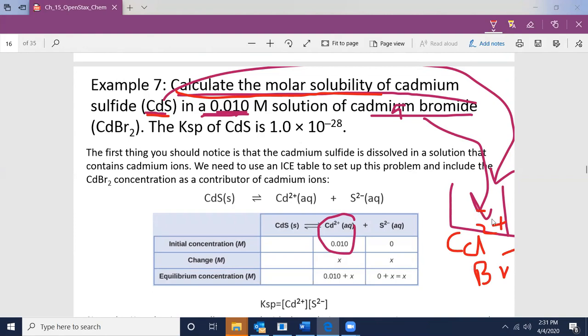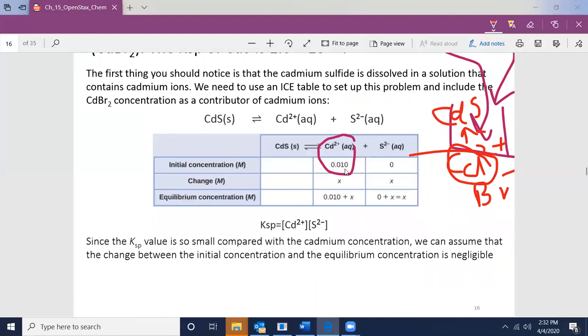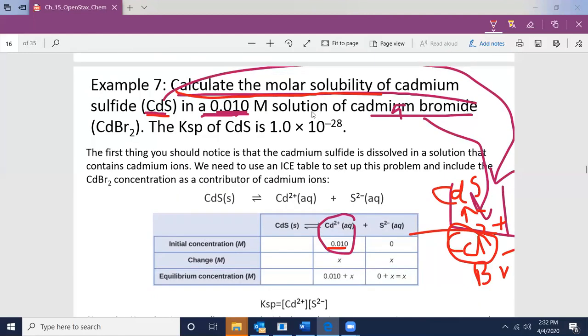And if I add solid cadmium sulfide here, and now I'm looking for how much it is going to dissolve, definitely the cadmium is going to play its role in pushing it back towards the solid. So I started with the initial concentration given for the solution here.